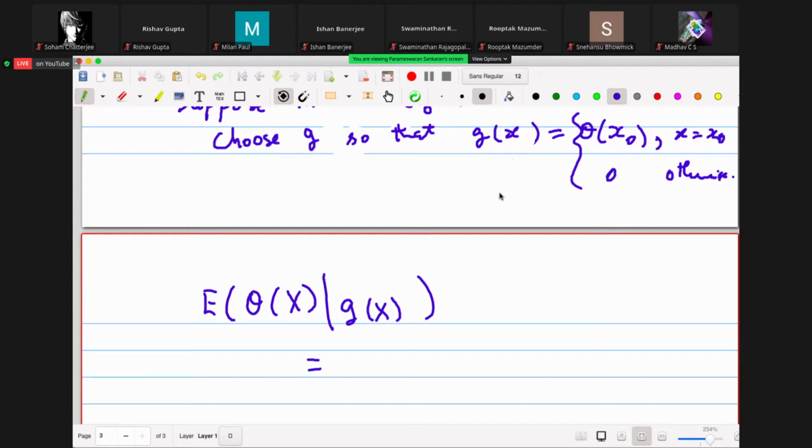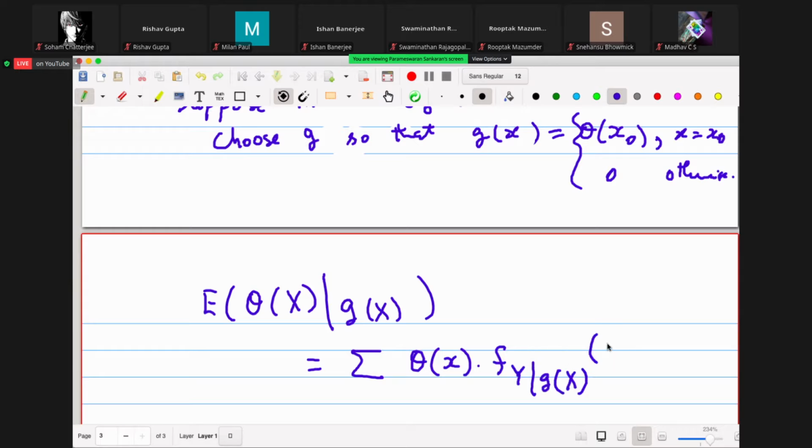Of course, see, this random variable is now a constant random variable. You just apply the definition and you will get here, let me write this. This is theta, so this is like y, right? So theta of x times, here you write f of y given g of x.